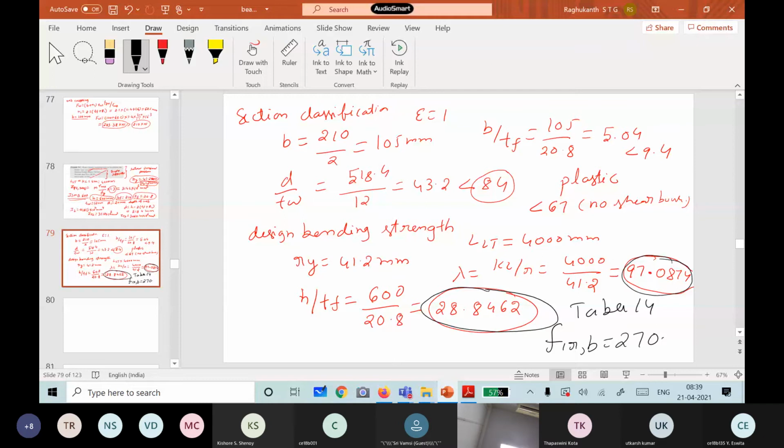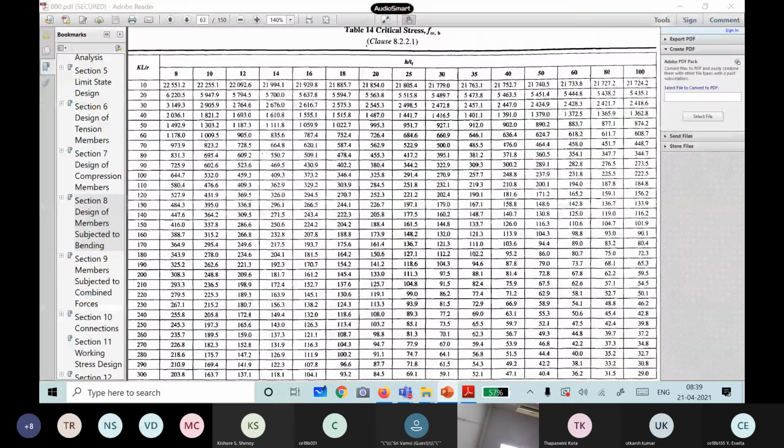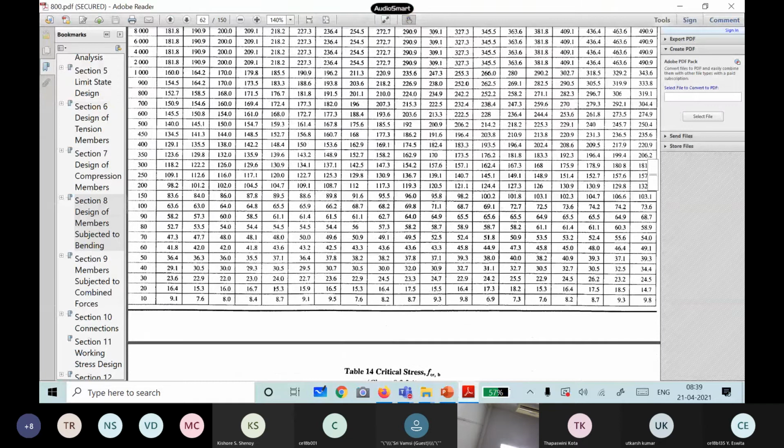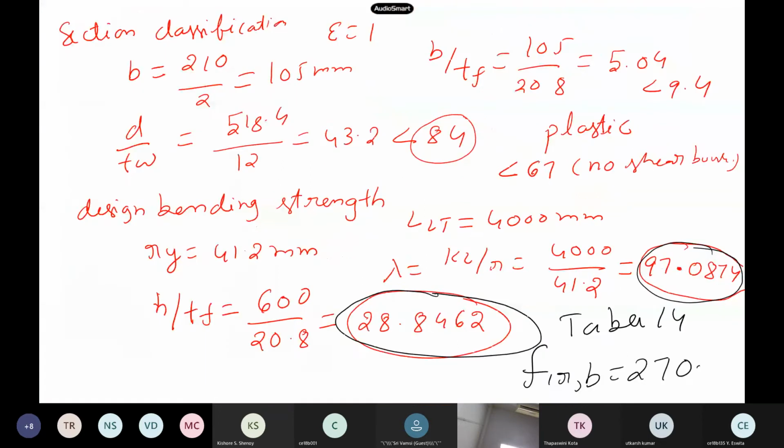Now once FCRB is known to you, to find out FBD, you have to go for this chart. Now here one more important step is you have to find out the non-dimensional slenderness ratio also. Let me just check this one.